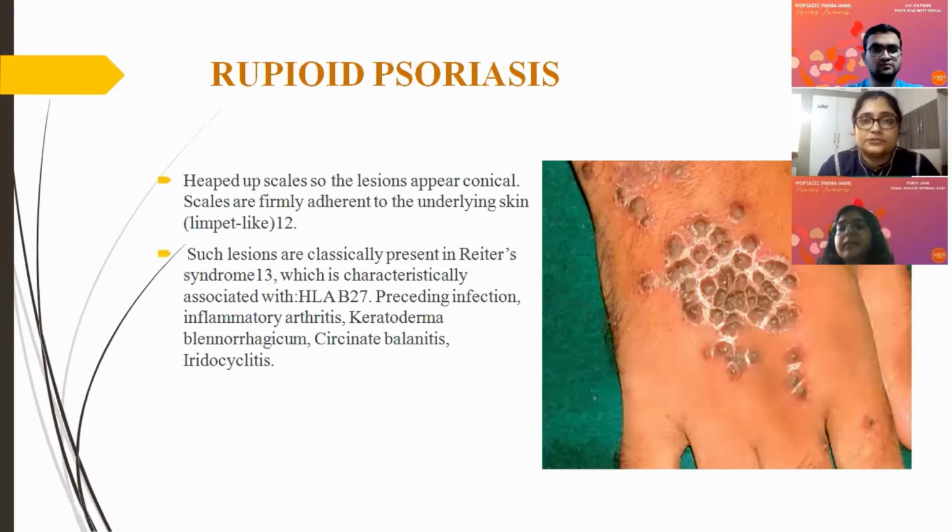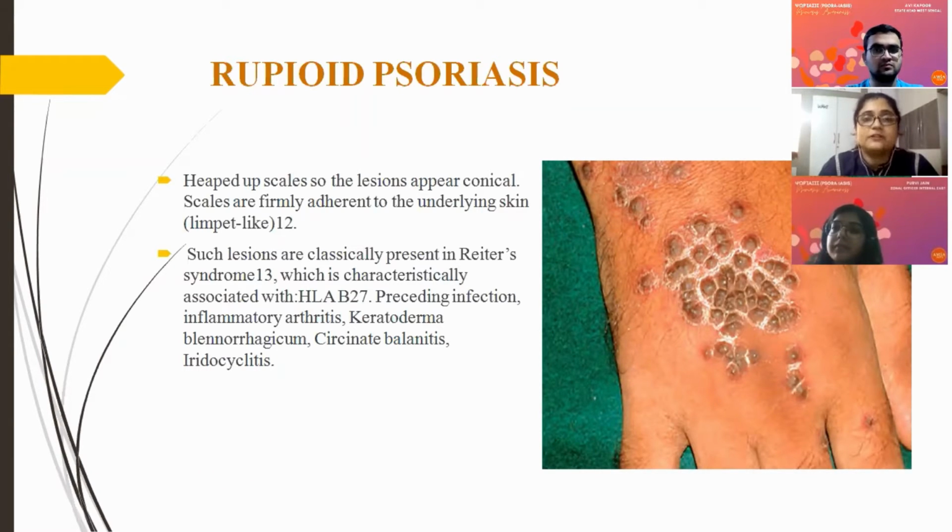In rupioid psoriasis, there are heaped up scales so that the lesions appear conical. Scales are firmly adherent to the underlying skin. Such lesions are classically present in Reiter's syndrome, which is characteristically associated with HLA-B27.